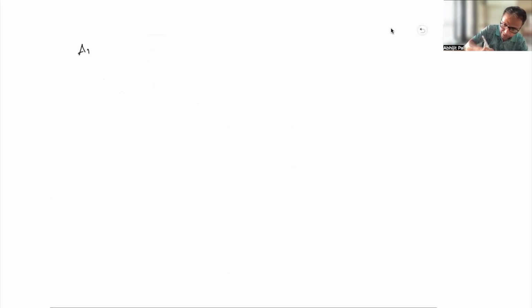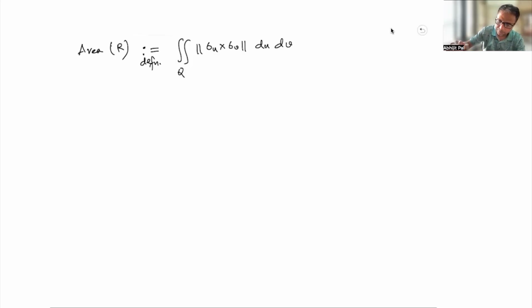This is defined to be equal to the double integral over Q of the norm of this vector, which is the cross product of sigma u with sigma v, du dv. So this is my definition of area. The area of R is defined by this double integral.